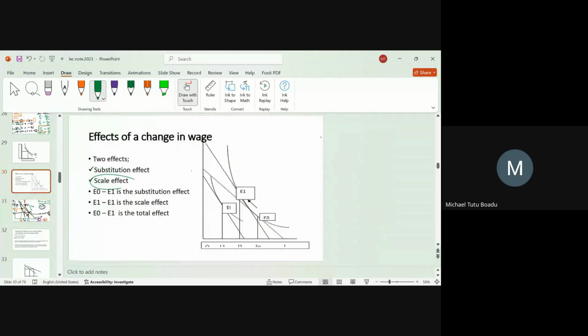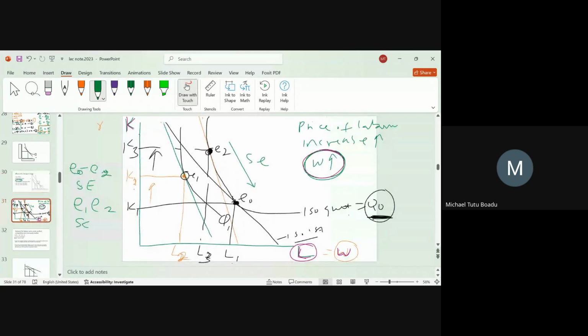If this is utility, we say income effect. In utility, we have the substitution effect and the income effect. Here we have the substitution effect and the scale effect. The scale effect affects the level of output that you produce.